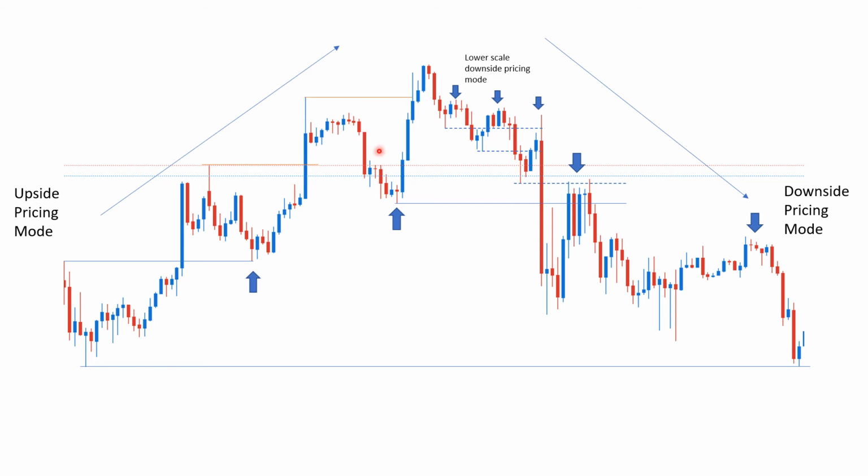The larger scale is the rules, the lower scale is just how price is moving into its larger scale moves. I'm sorry that sounds a bit confusing, but I want you to start training your eye to see that. We're going to go into scale later in the videos.